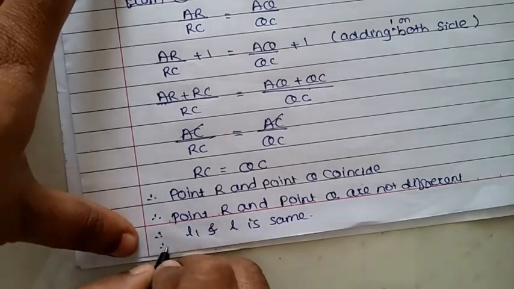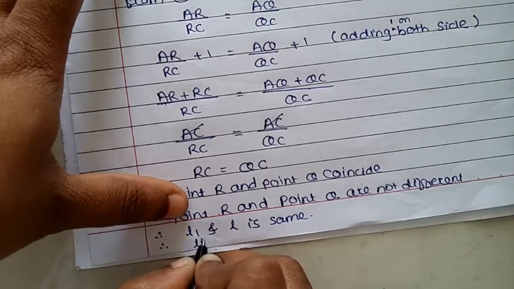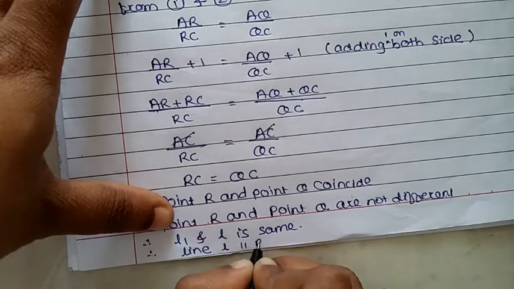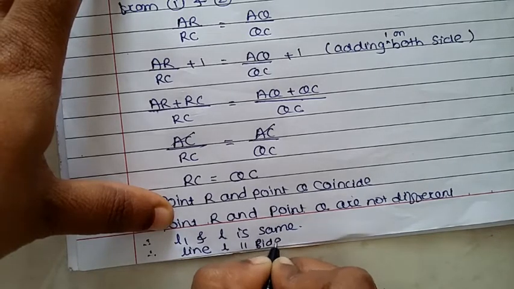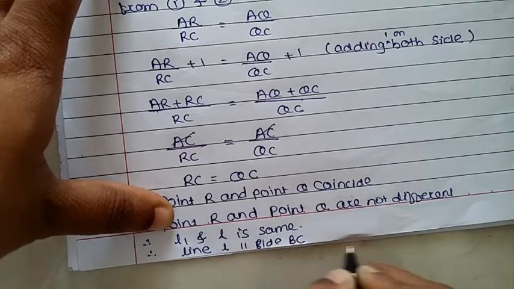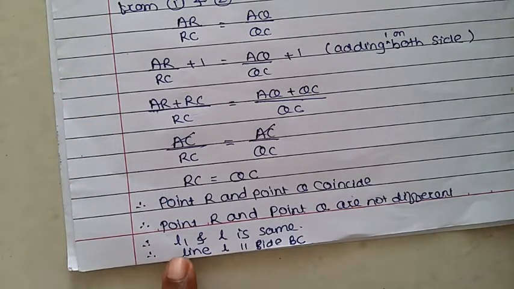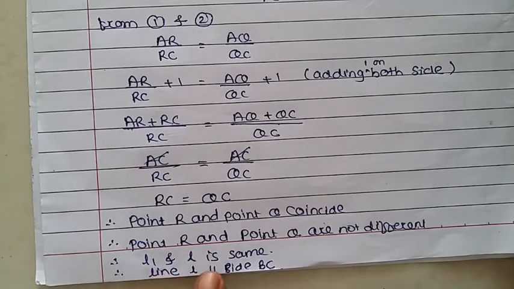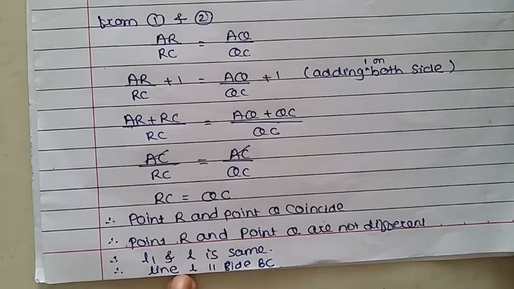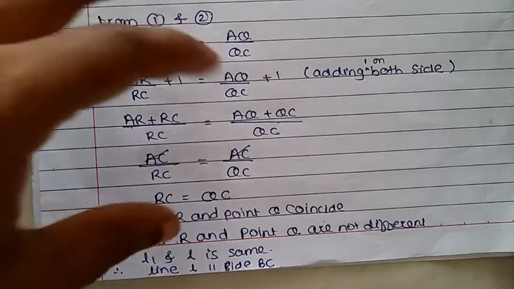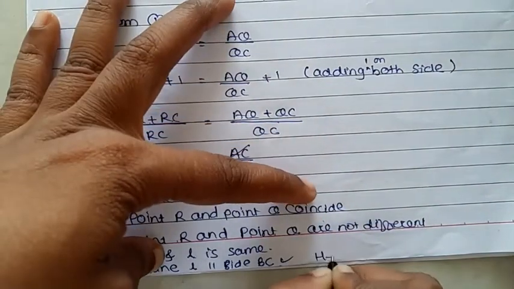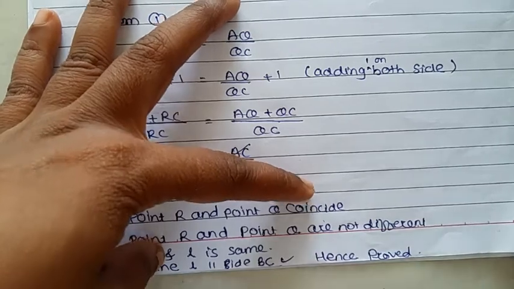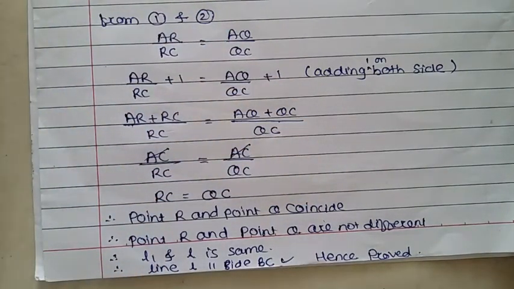And hence line L is parallel to side BC. Clear? Because L1 is parallel to the side BC, and if L1 and L are the same, then L is parallel to side BC. And hence proved. Understand this one? So in this way our statement is proved.